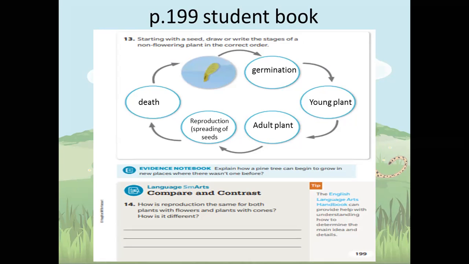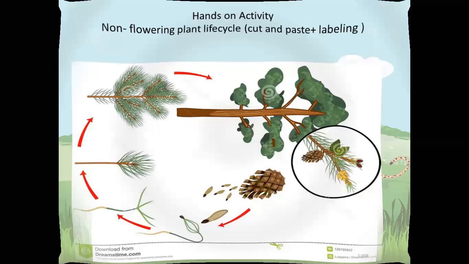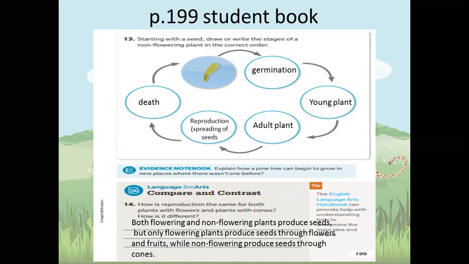Compare and contrast. How is reproduction the same for both plants with flowers and plants with cones? And how is it different? Both flowering and non-flowering plants produce seeds.